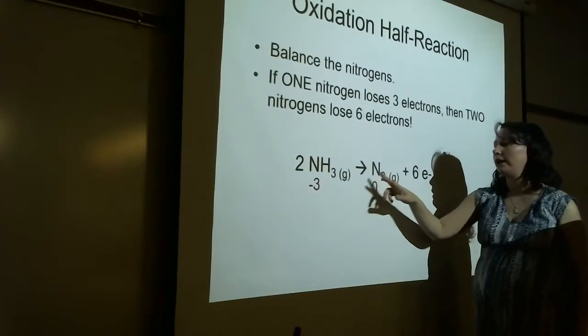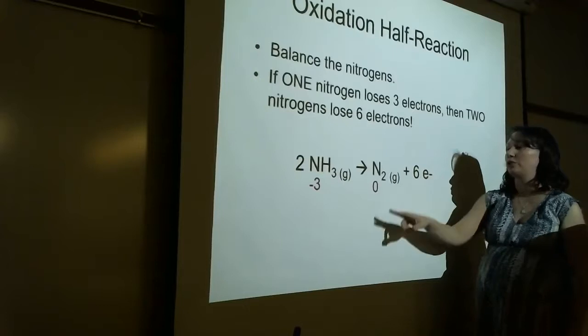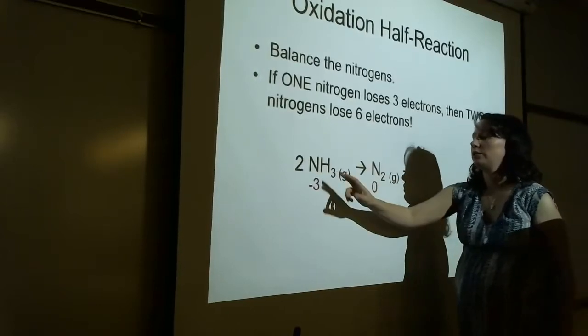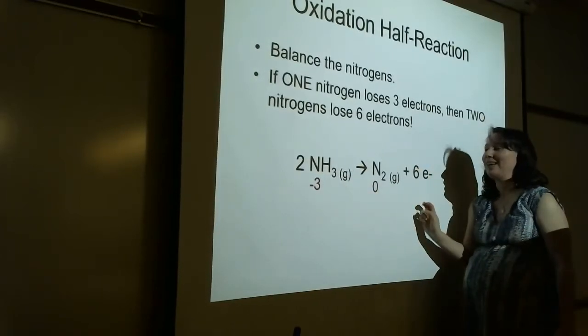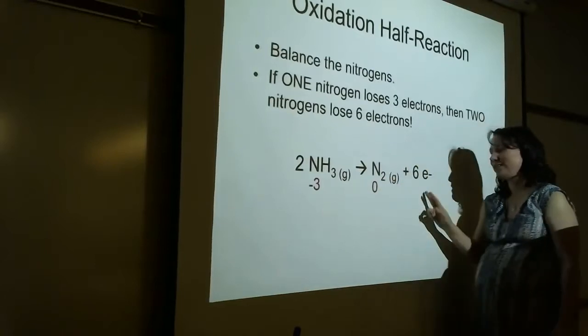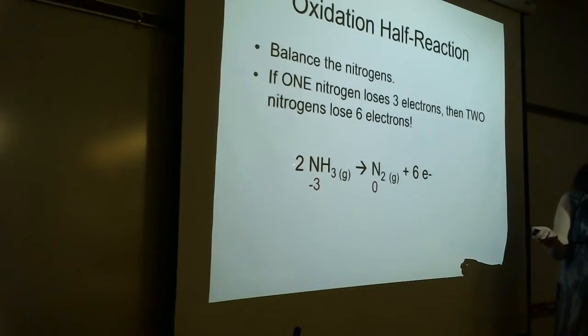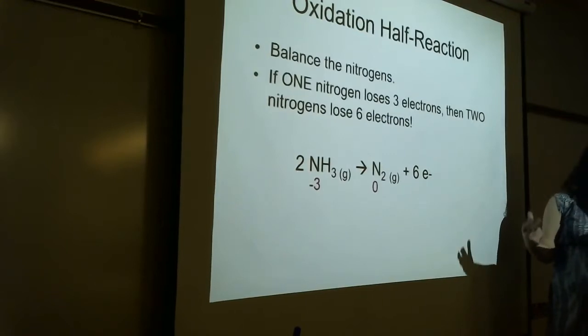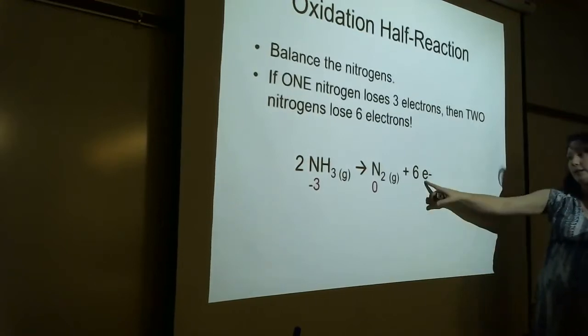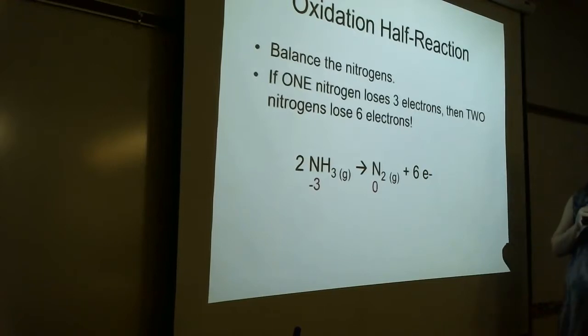So if one nitrogen is losing 3, then 2 nitrogens will lose 6. Does everyone see why we put the coefficient of 2 here in the first place? I have 2 nitrogens here, I only got 1 over here. Got to balance for atoms as well as electrons.